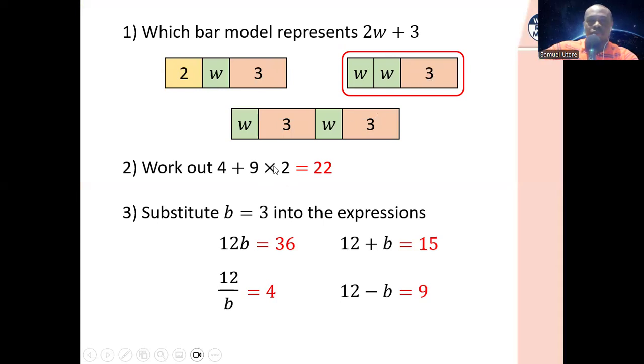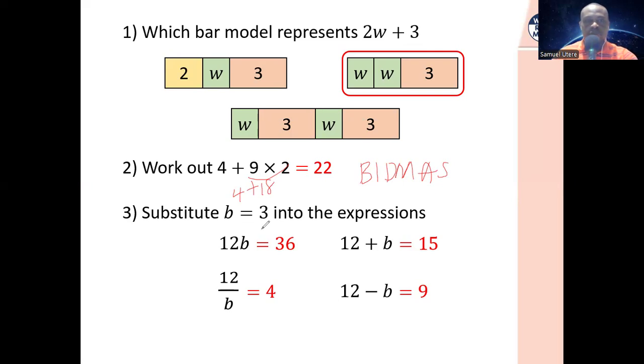Here, you must remember, I'm sure you learnt it in SATs or earlier on in maths, that you need to do the multiplication first. So this becomes 4 plus 18, which is 22. Don't forget this. BIDMAS. We're going to come across this at some point, but I think I should mention it now.